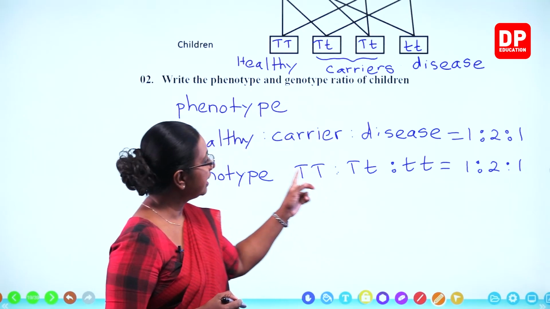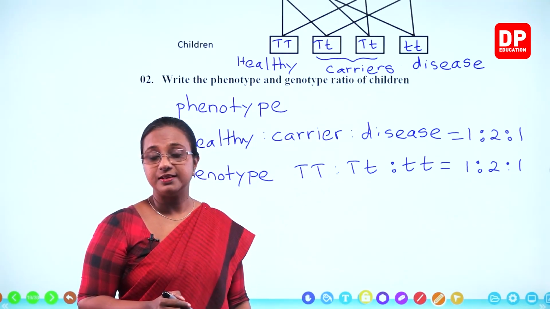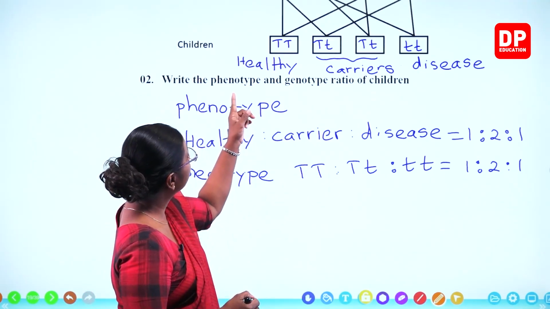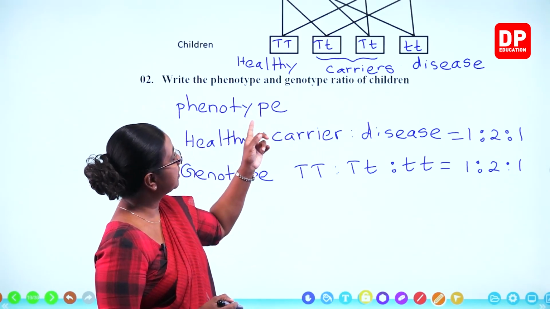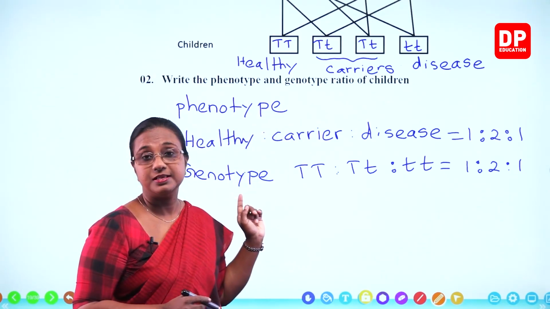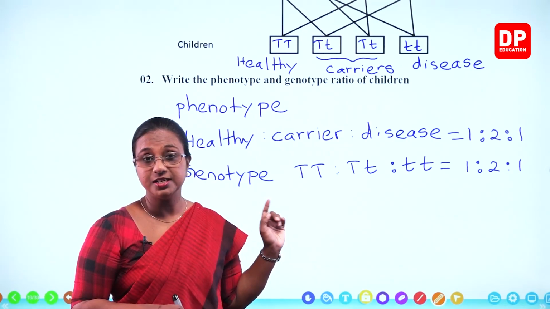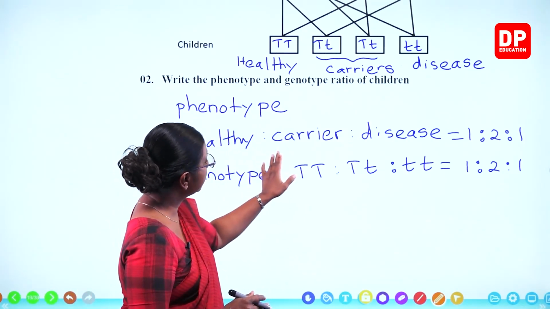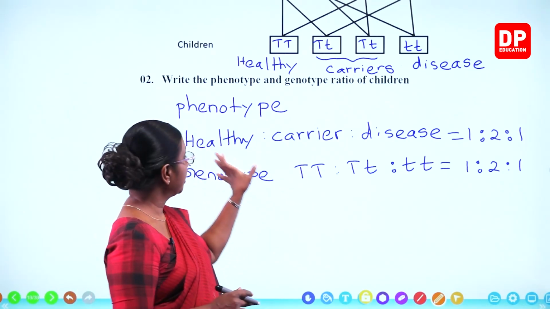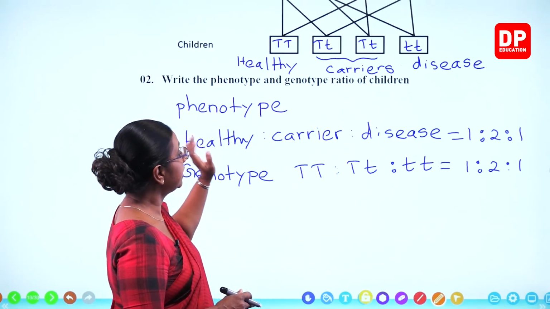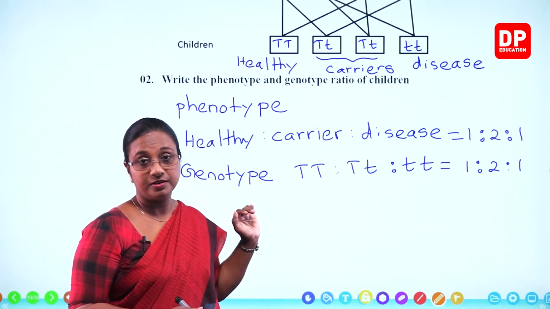Now here I said it is the normal Mendel's ratio where you have capital T, capital T, capital T, simple T and simple T combination. But here in the phenotype, only difference is you have a healthy child and 2 carrier children.